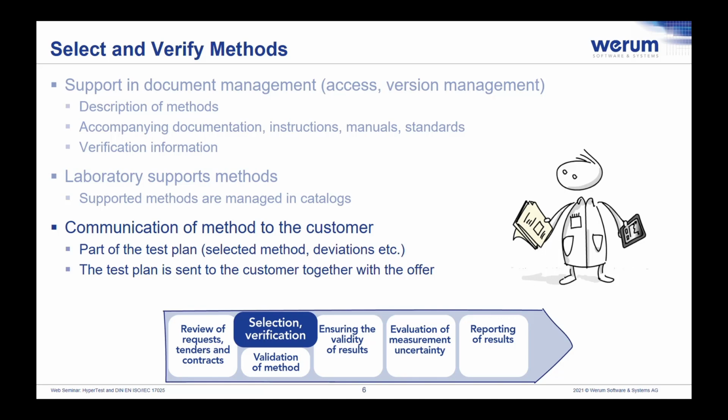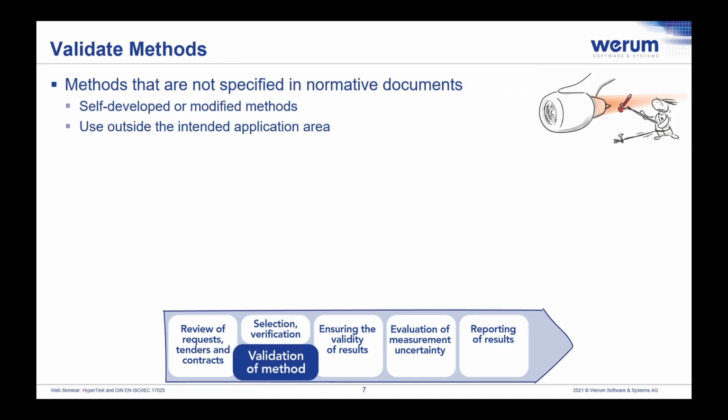The process to verify a new or modified method or procedure can also be mapped in HyperTest. If methods are applied that are not specified in any standard documents, they first need to be validated.